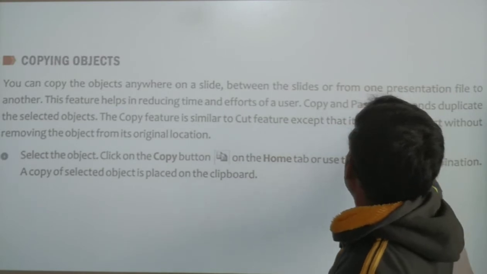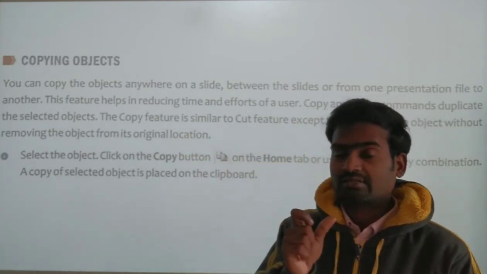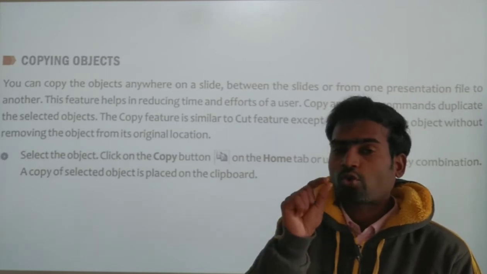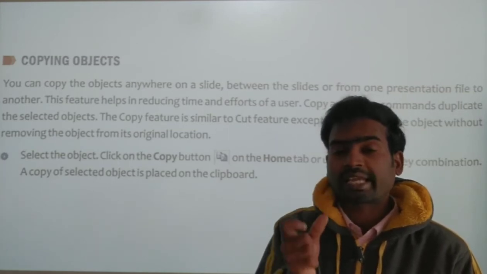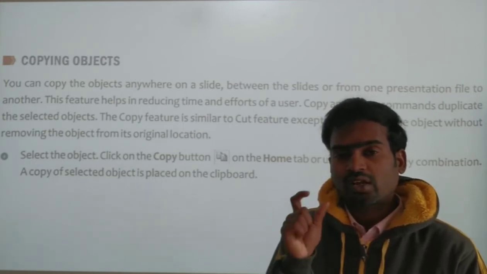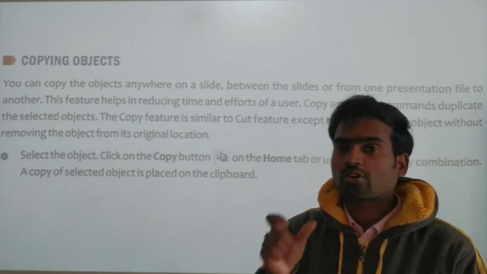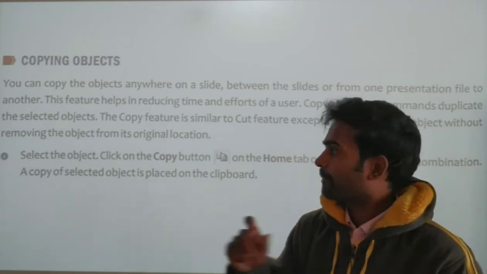So what happens? Ultimately, it reduces the time of the user, right? Copy and paste commands duplicate the selected objects. Remember it, when we copy and paste, we take a duplicate, not the original one. The original, we don't do anything. Yesterday we cut the original one, but today we take a copy, the duplicate of it.